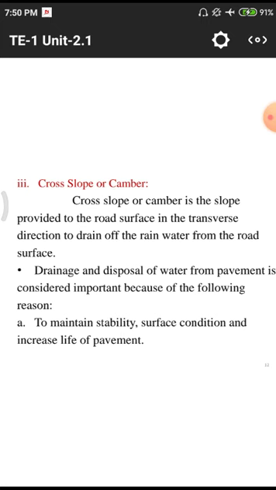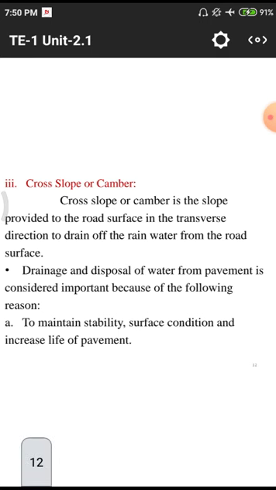And the second point is that the drainage or disposal of water from a pavement is considered important for the following reasons: to maintain stability and surface conditions, and third, to increase the lifespan of the pavement. That means the life of the pavement.